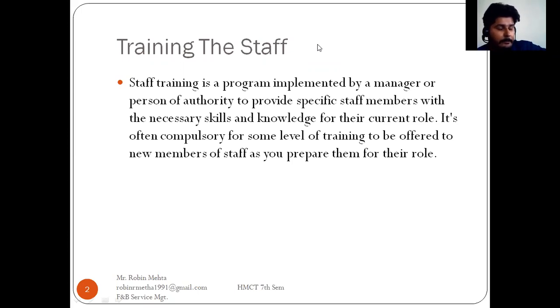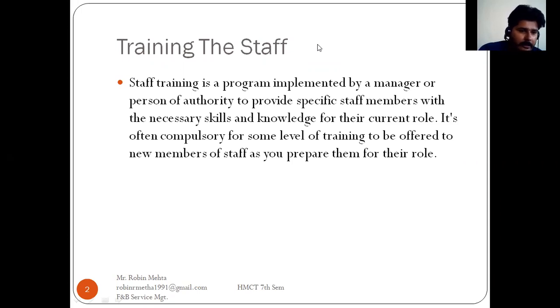Some hotels may offer you 1 year OJT. Some hotels may prefer direct recruitment, but then again you need some guidance, a kind of training from your senior persons, because you don't know about that place or the job which you have to do. So at some levels you need training to cope with the work, or to become familiar with that work.